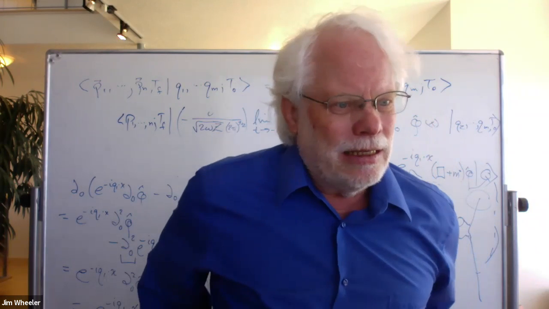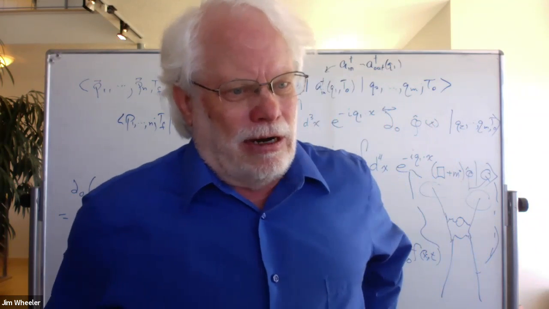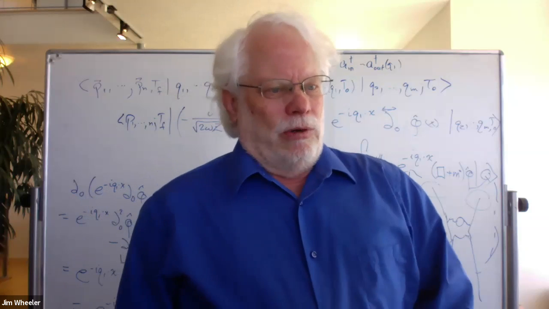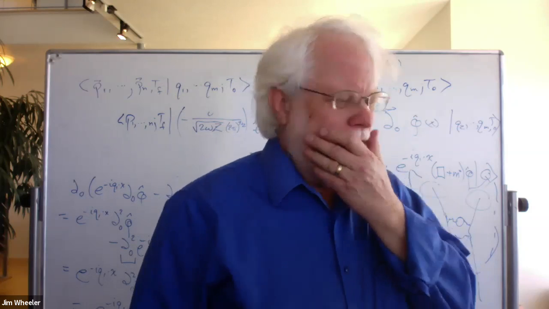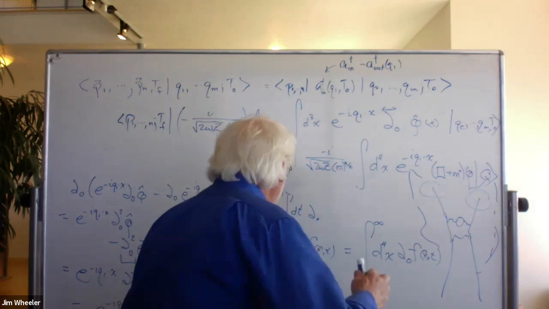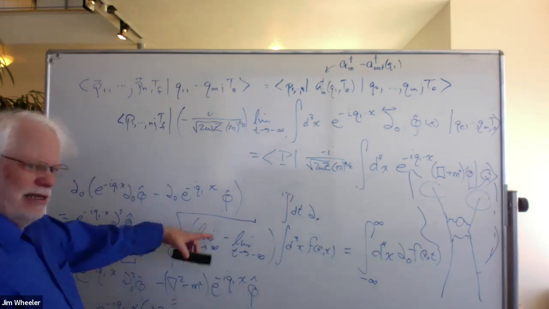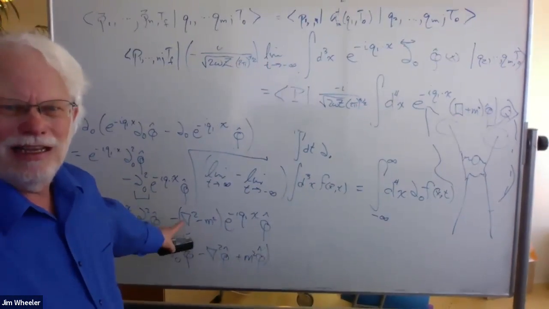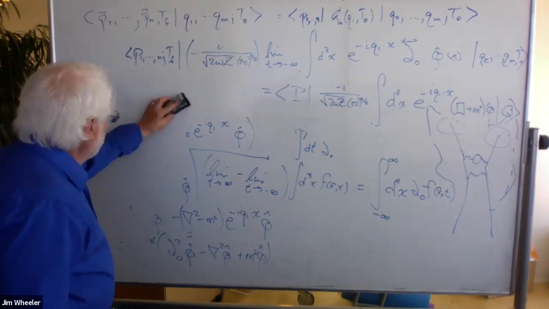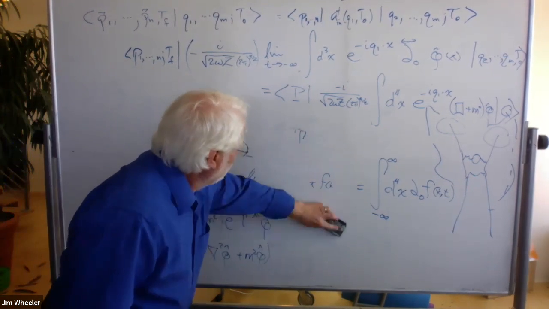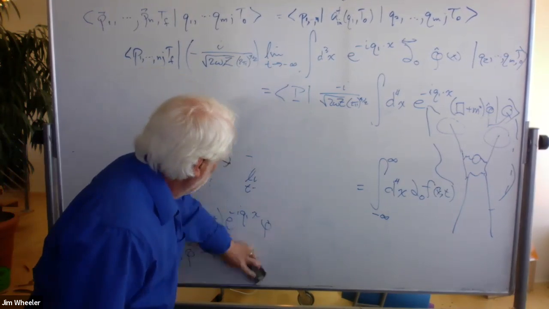Let's see. All right. So one thing we need is, right, if we try to do this for another state. Is everybody good here with the board? All right. We run into a problem of time ordering.